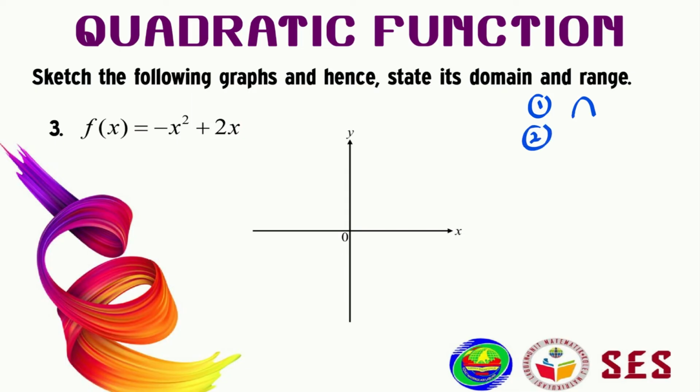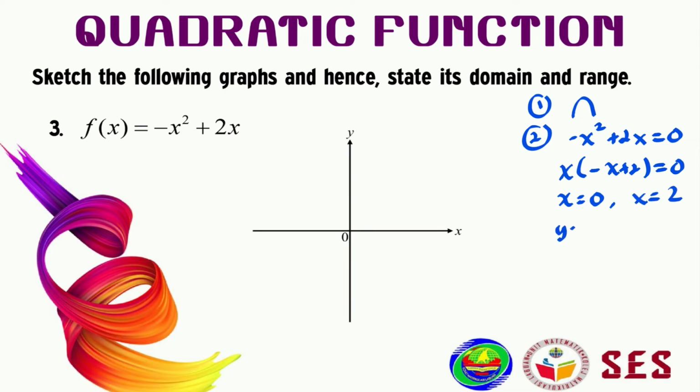When we try to factorize this one, this can be written as -x² + 2x = 0. So let us try to factor out the x only, which leaves us with x(-x + 2), therefore we will get x = 0 and x = 2.